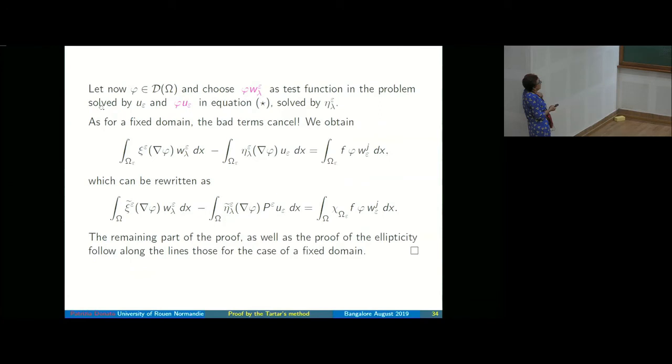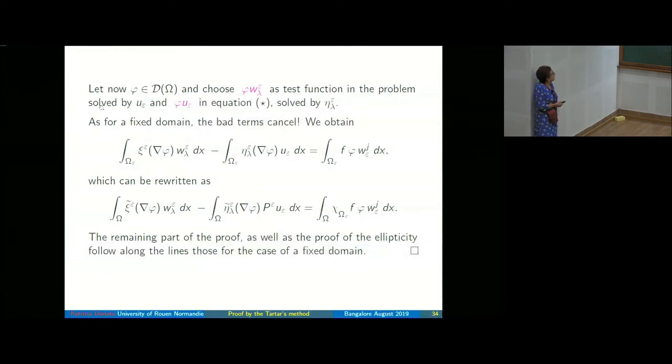So now, again, Tartar: you choose phi in D, you choose phi W epsilon lambda in the problem of U epsilon, and phi U epsilon in the problem of epsilon lambda. Again, the better term disappears, and you have these three terms.